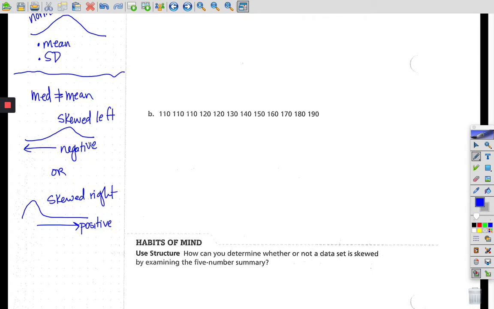And if it's either skewed left or skewed right, they want your median and your IQR. Well, what is IQR?